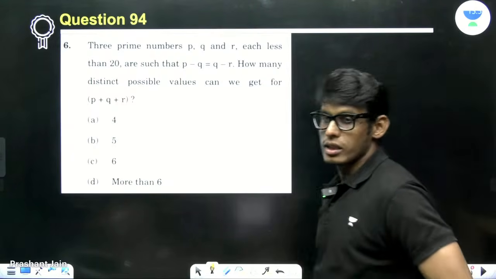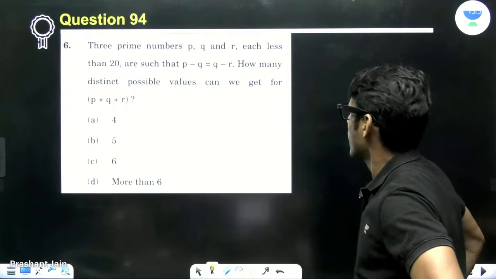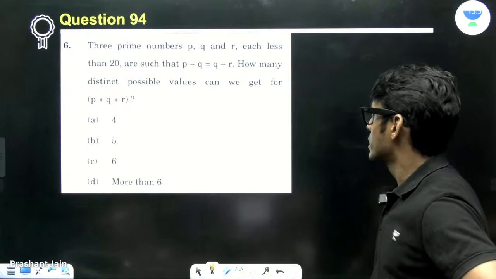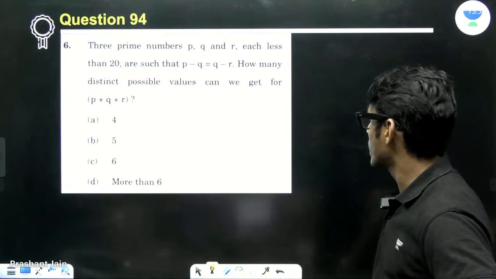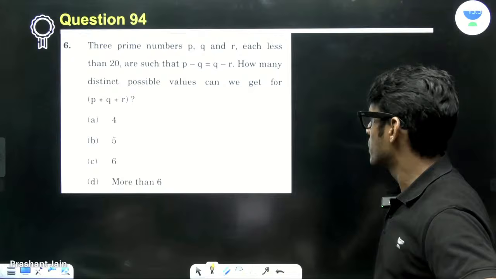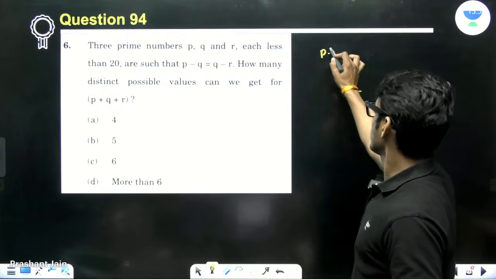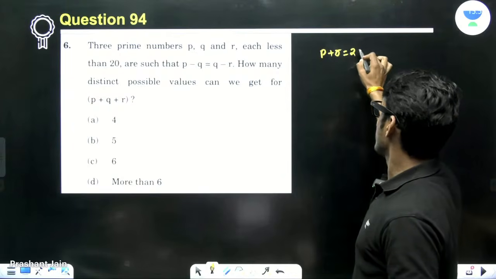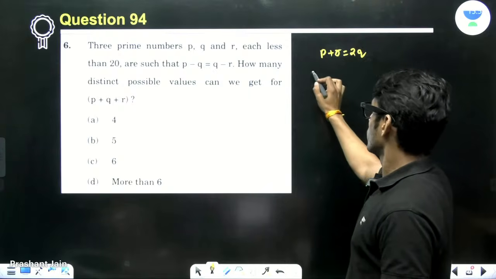Now this is something which is doable. Three prime numbers P, Q, and R, each less than 20, are such that P minus Q equals Q minus R. How many distinct possible values can we get for P plus Q plus R? Basically, P, Q, R are in arithmetic progression. Their difference is the same.